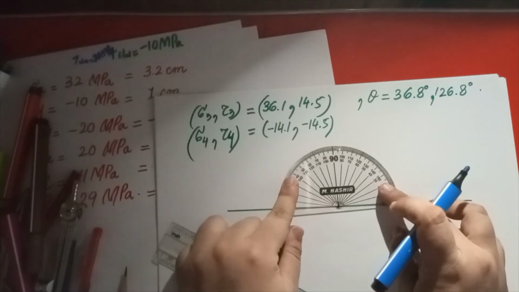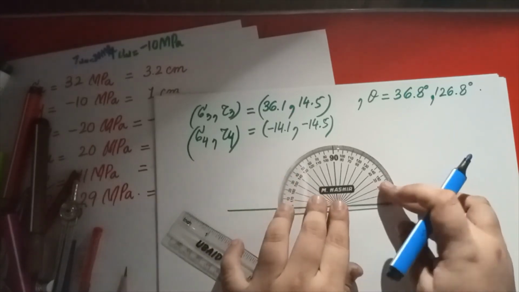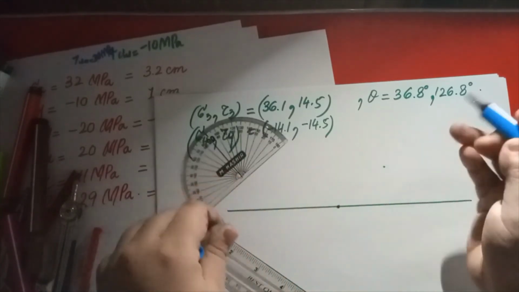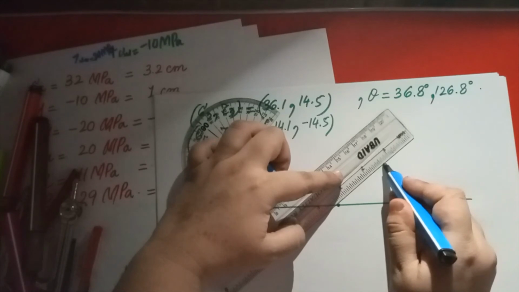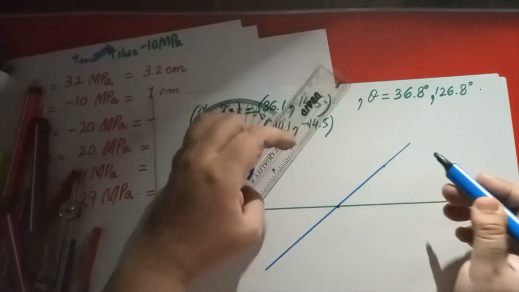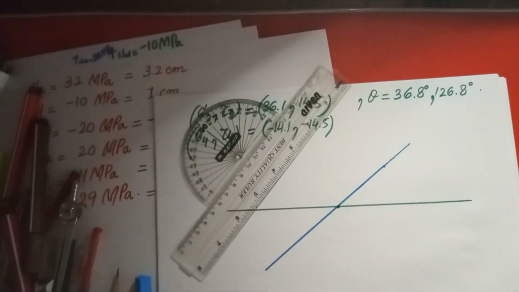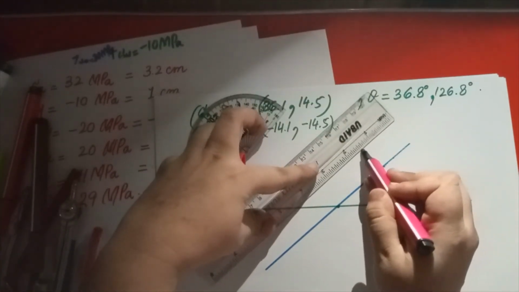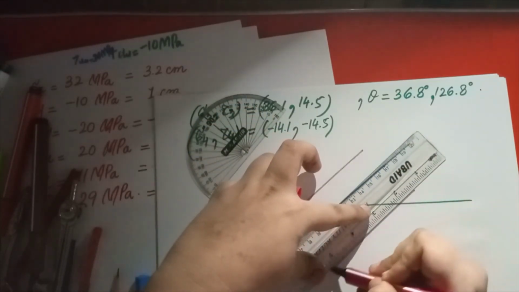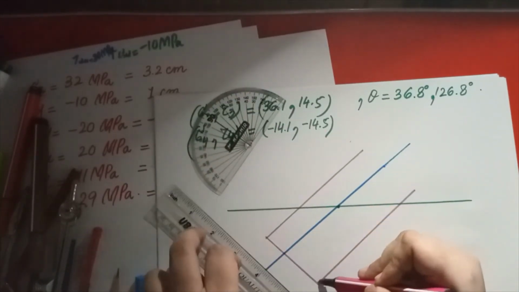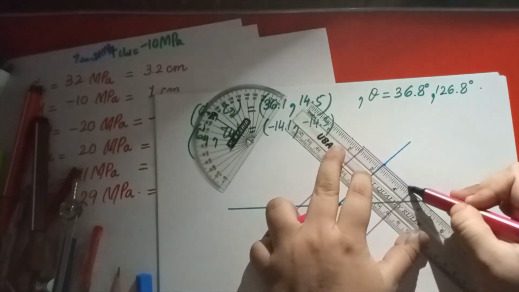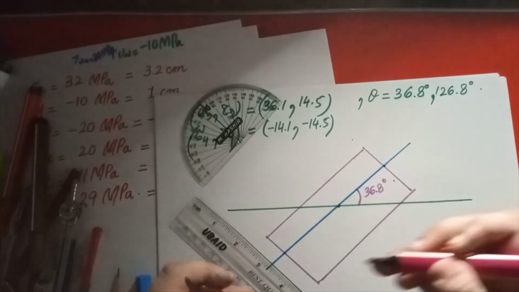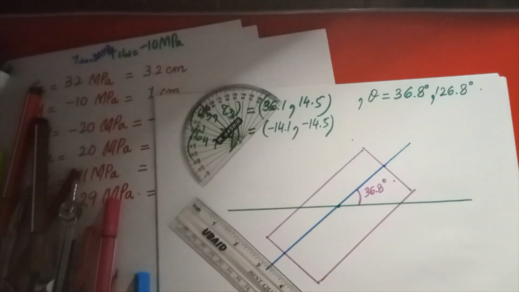So for example, this is my D. I am putting it here, and this is 36.8 degree. Let me join this. Next, I am going to sketch the line parallel to it, this one, and I will join it. When it is done, you should write down 36.8 degree.